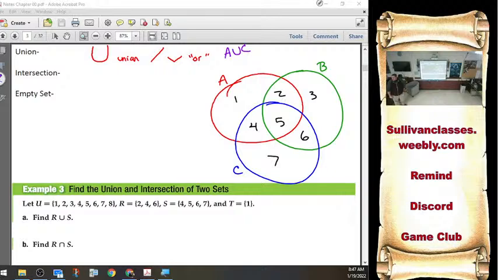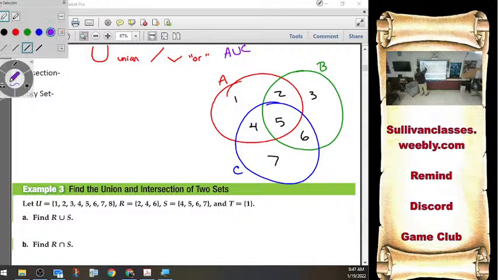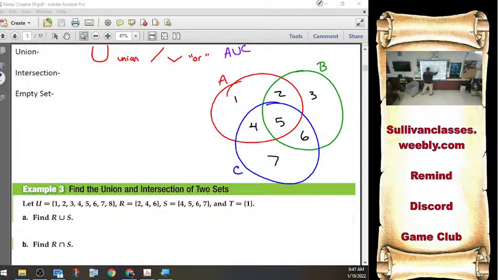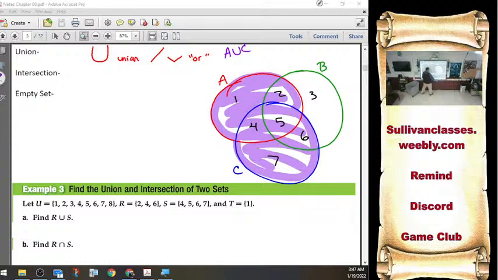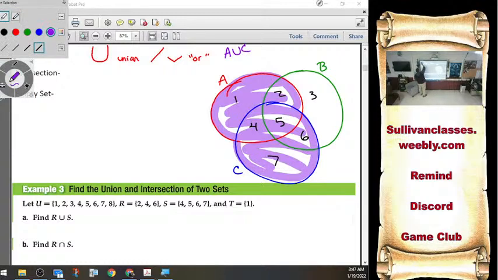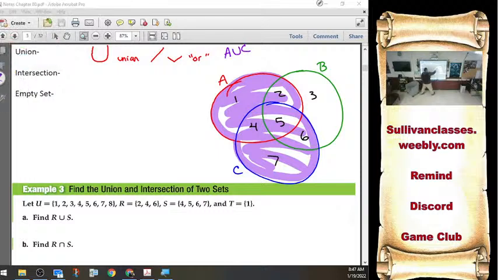If I do either one of those, I get to go, right? So anything that meets either one of these conditions works. That's going to be all of A or C, all of it. Okay? So I would list that out as a set. That's 1, 2, 4, 5, 6, 7.